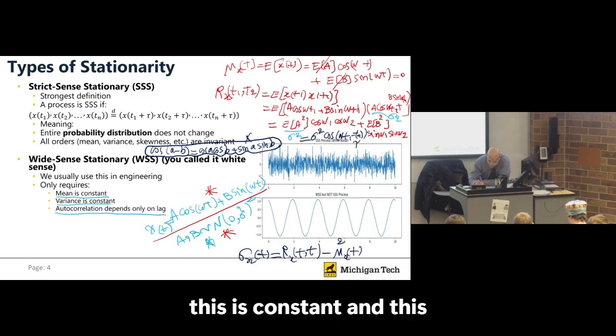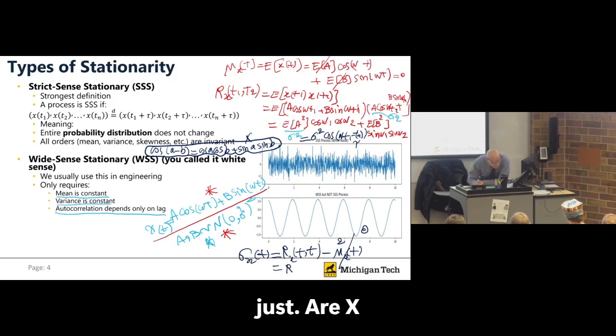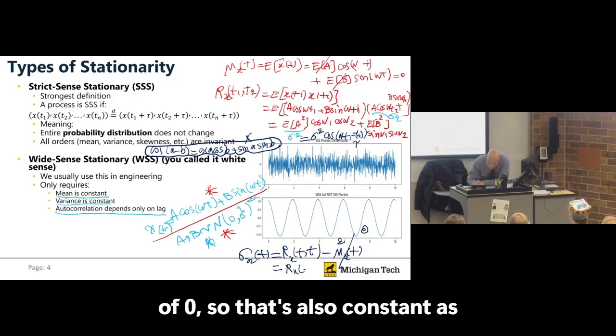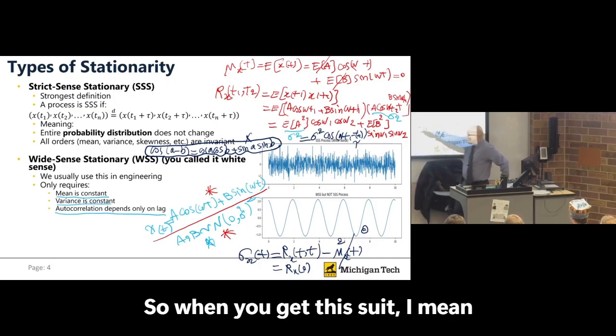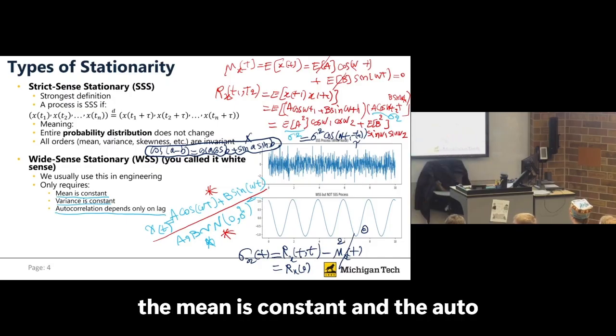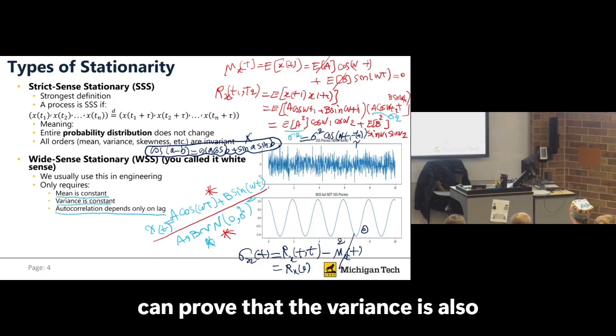So this part is constant, this part is constant 0, and this part is just Rx of 0. So that's also constant as well. So when you get these two, I mean the mean is constant and the autocorrelation depends on lag, you can also prove that the variance is constant as well.